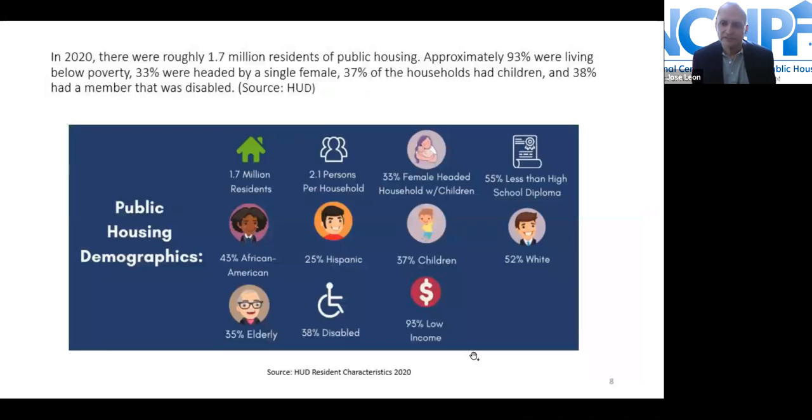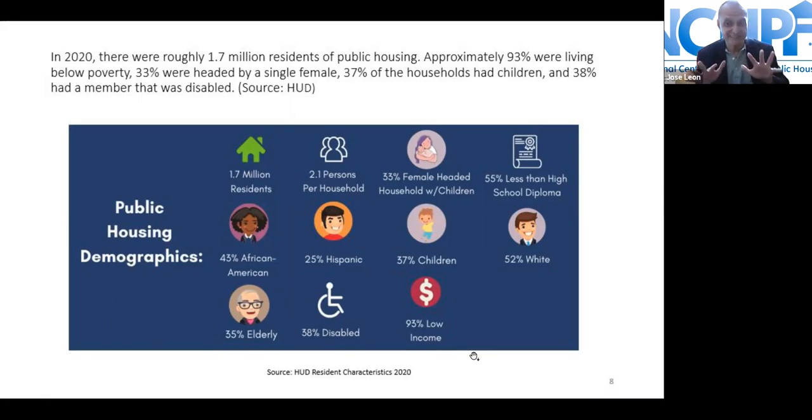Since we are going to discuss a little bit of social determinants of health, there are a couple of things that I would like to mention. In public housing, 35% of those living in public housing are over the age of 62. This is really important. There is some difference because for HUD, they consider the age 62 and not 65.